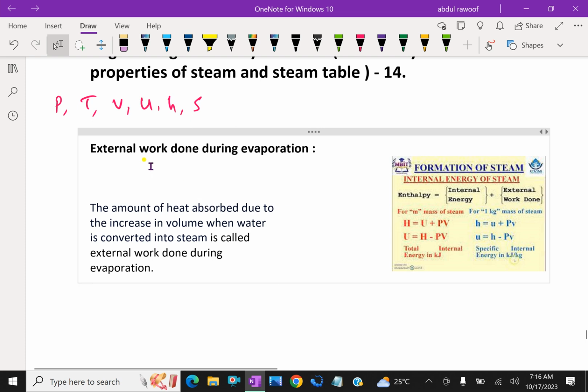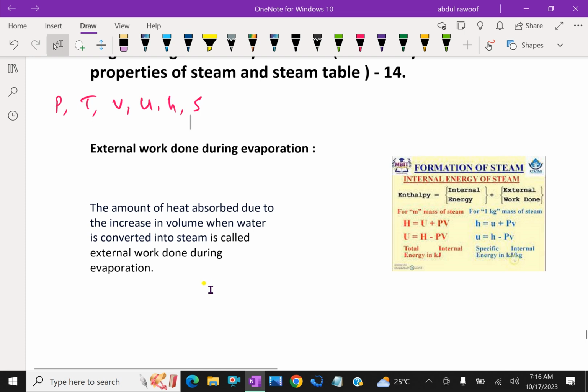Now, external work done during evaporation. The amount of heat absorbed due to increase in volume when water is converted into steam is called external work done during evaporation.